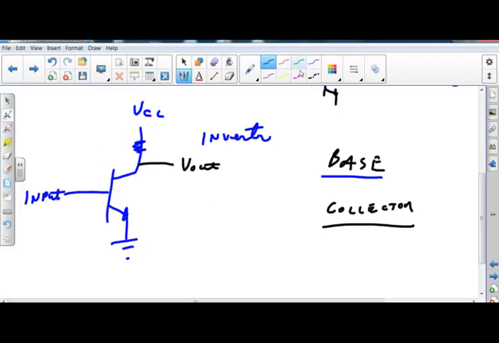When this guy is 0, he is off, that guy is 1. When this guy is 1, he's on, and the output is 0. Now we have a collector. A 0 gives us a 1, a 1 gives us a 0.